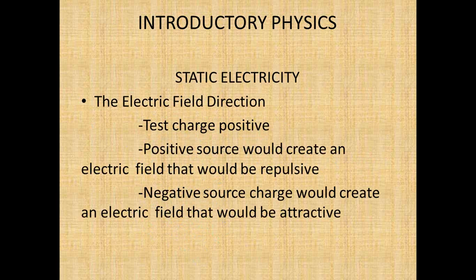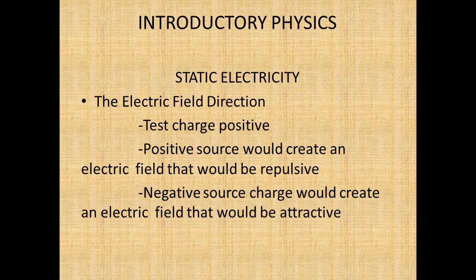If the test charge is positive and the source charge is positive, they're going to repel each other, so the electric field is going to be away from the source charge. You always keep the test charge positive. If the source charge is negative, there's going to be an attraction between them, so the electric field is going to be towards the source charge.